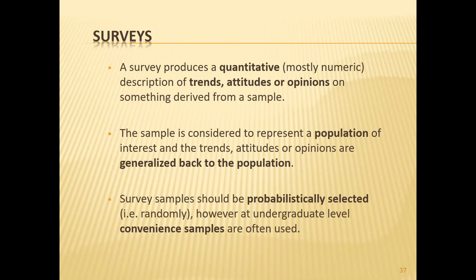At undergraduate level though, it's often not easy to do this. To be able to say that you've got a truly random sample is quite complicated. It's not an easy thing to do, and so usually at undergrad level we still do surveys, but the approach usually is to use convenience sampling, which is not as rigorous. With convenience sampling, you basically just draw a sample based on convenience.